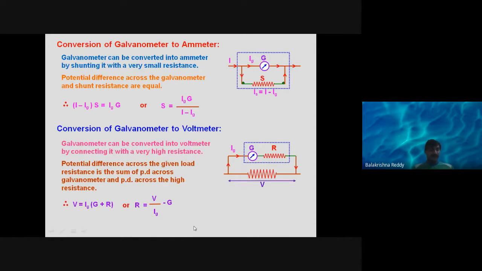This is the way we can convert a galvanometer to an ammeter and a galvanometer to a voltmeter. But everywhere remember the concept is the same: it works on the basis of Fleming's left hand rule, the motor concept. How much current flows depends on the deflection inside the coil.